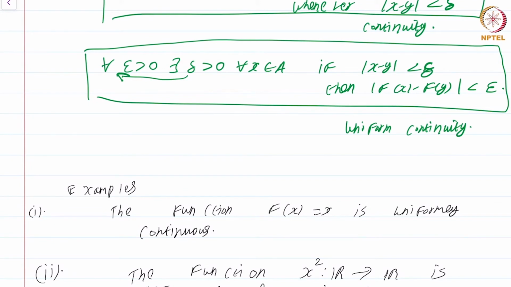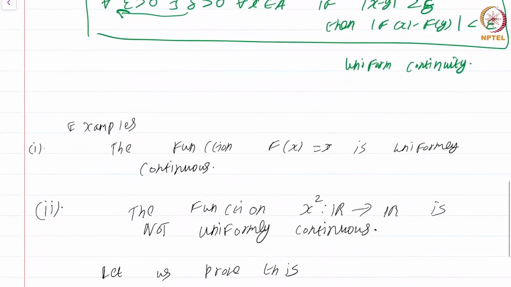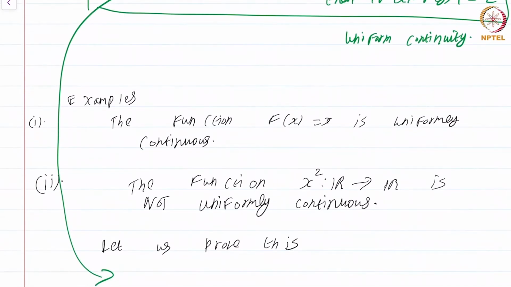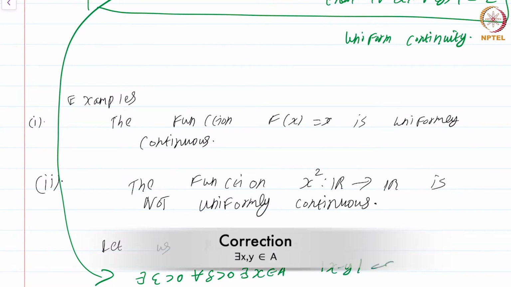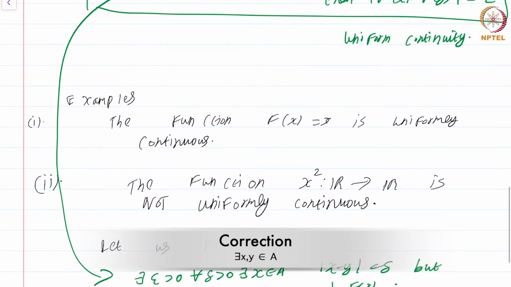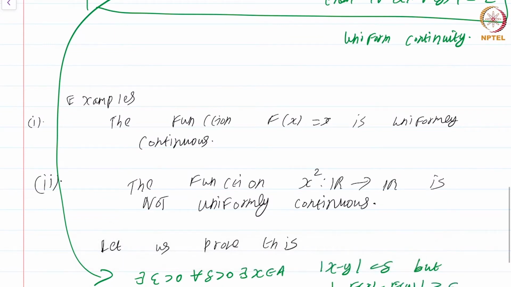The negation is: there exists epsilon greater than 0 such that for all delta greater than 0, there exists x in A such that mod x minus y is less than delta, but mod f of x minus f of y is greater than or equal to epsilon, right?